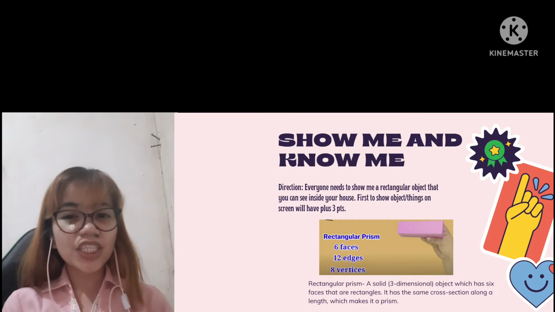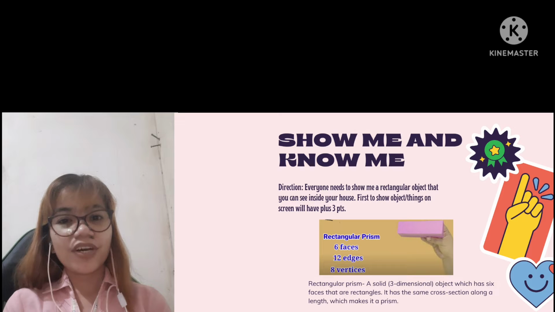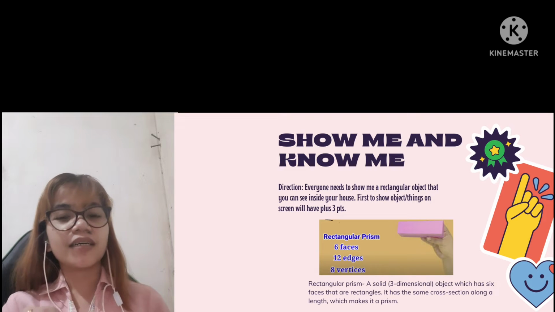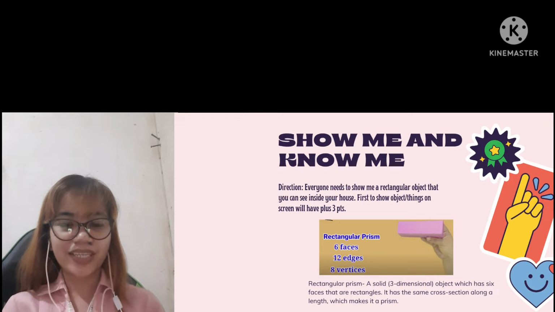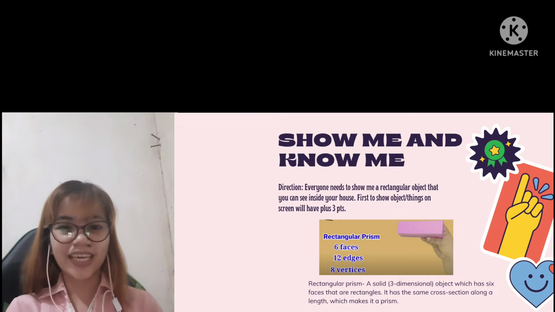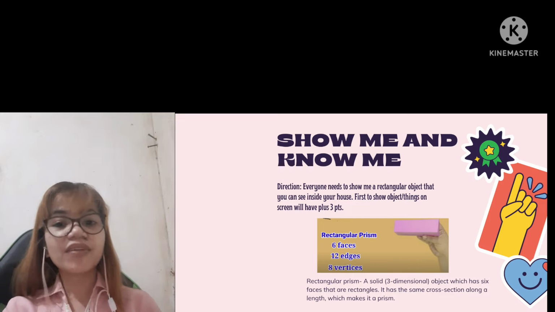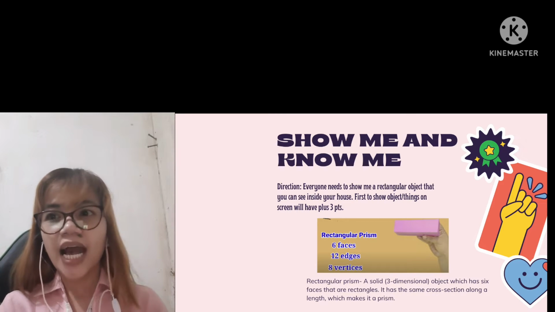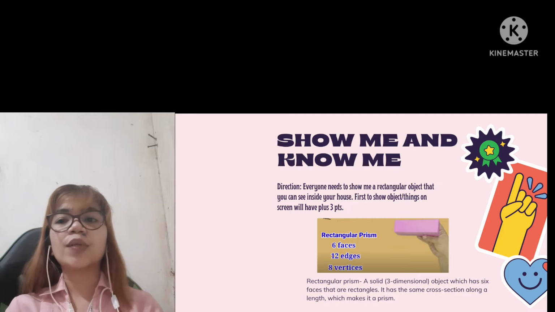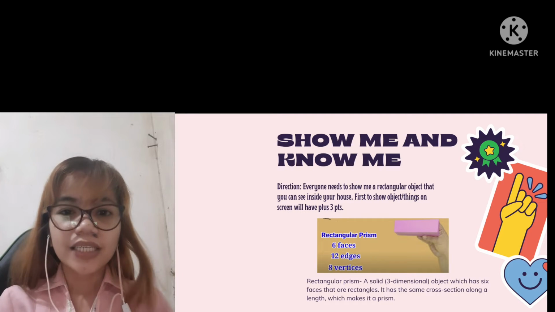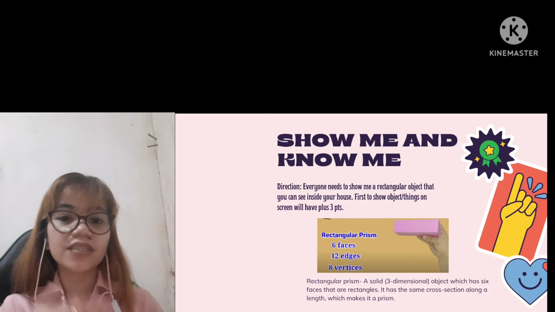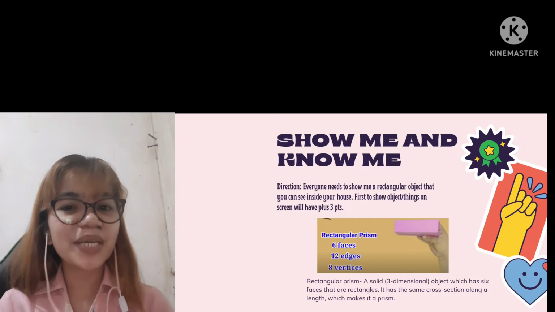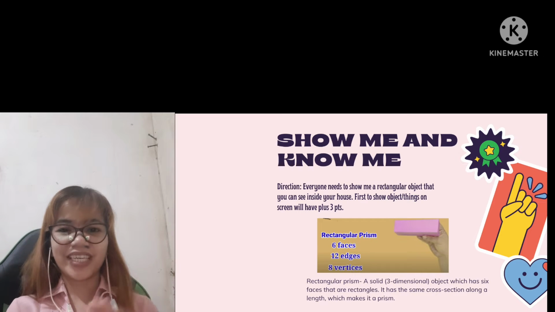This activity is Show Me and Know Me. Teacher will check if you remember the previous lesson that we had yesterday. Everyone needs to show me a rectangular object that you can see inside your house. The first to show an object on the screen will automatically get plus 3 points for this day.